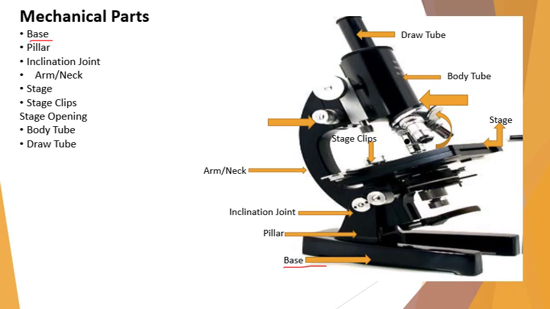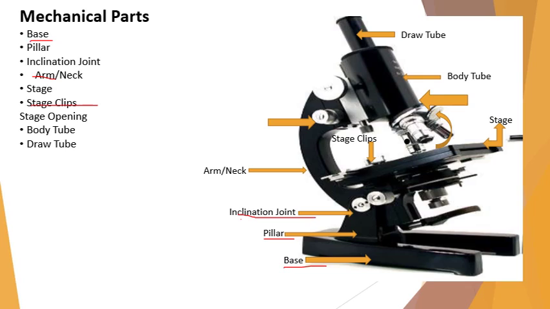The next is the pillar. As you see, this is a pillar. The pillar is the part above the base, and it supports the other parts. The next is the inclination joint. Here we have an inclination joint, as you see here.